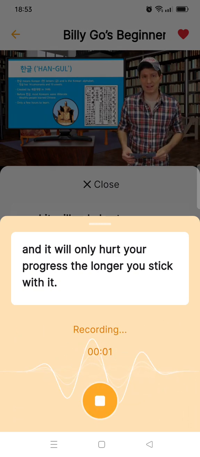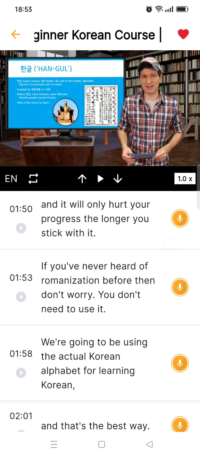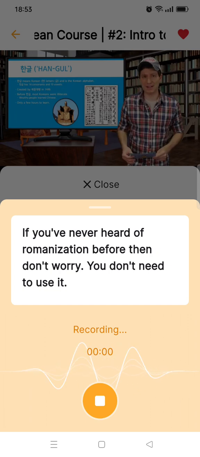And it will only hurt your progress the longer you stick with it. If you've never heard of romanization before, then don't worry, you don't need to use it.